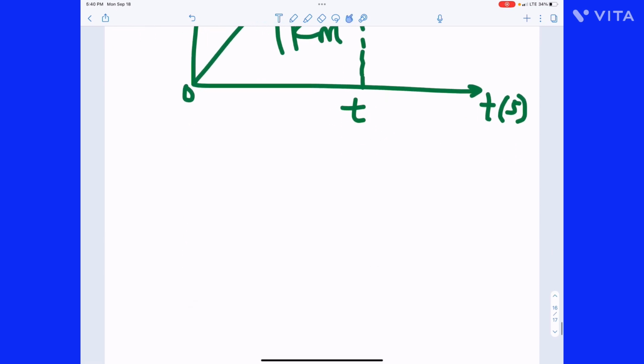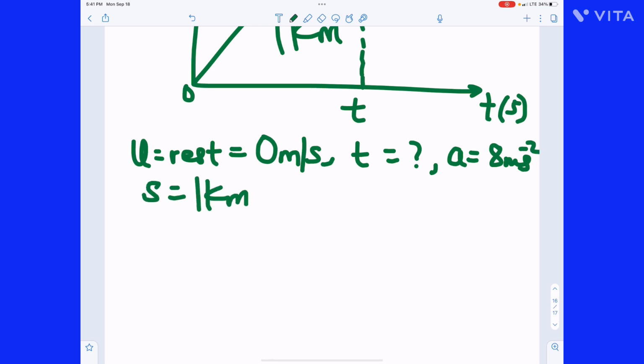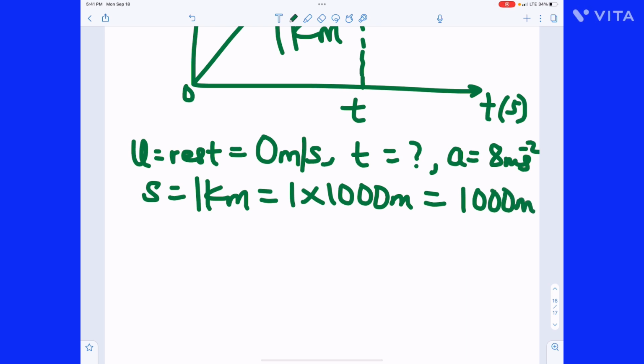Rest means that the initial velocity is 0 meters per second. 1 kilometer is not the SI unit, so we need to change it to meters. So our distance is 1000 meters.